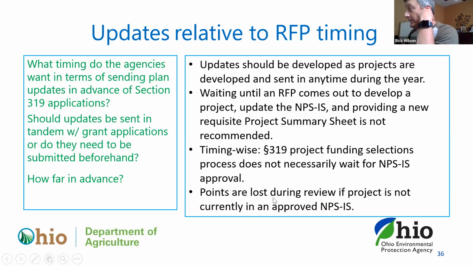And quite frankly, points are lost during the review. I would say maybe 30 to 40% of our applications this last go around came in either with a new nine-element plan, an updated nine-element plan, or a promise that a nine-element plan was coming. So quite frankly, a lot of those lost points and didn't make it.